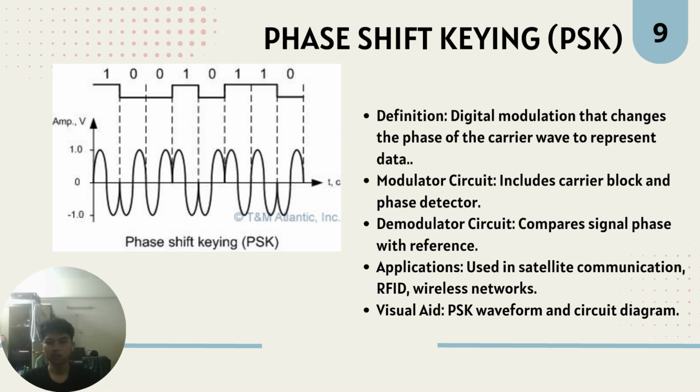The modulator shifts the wave phase based on the data, and the demodulator compares the received phase to decode the signal. The diagram here shows how the wave phase shifts to represent binary data. Unlike ASK, the amplitude stays the same, making PSK more resistant to noise.